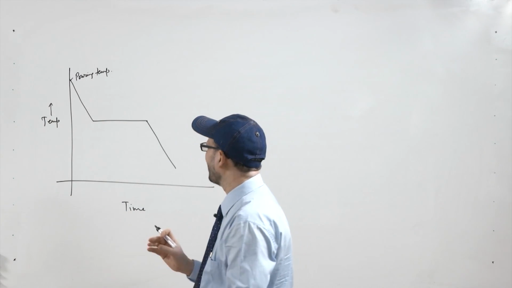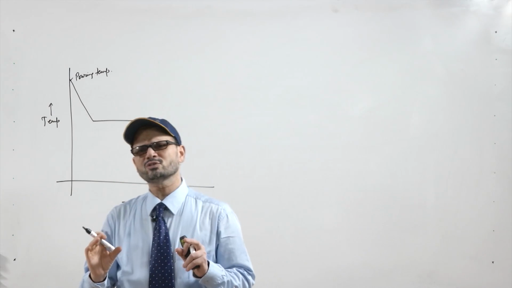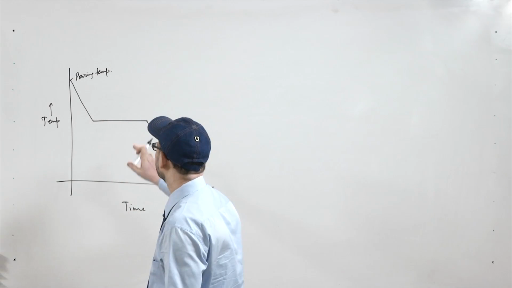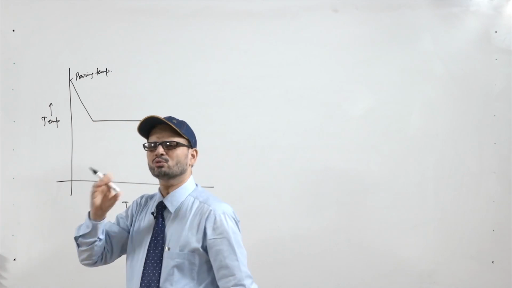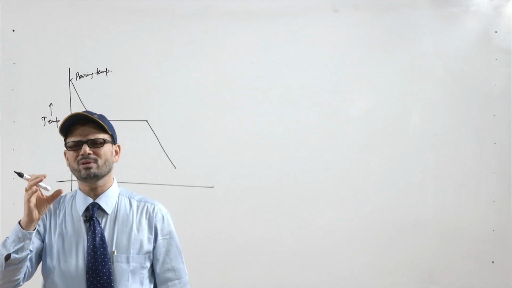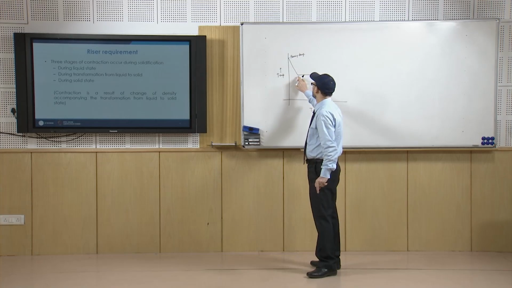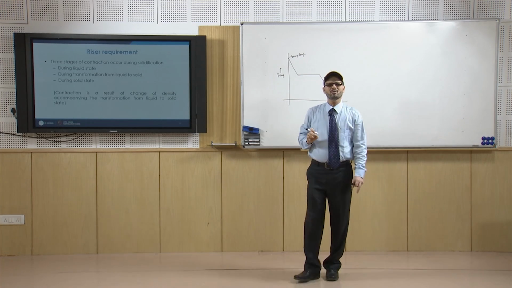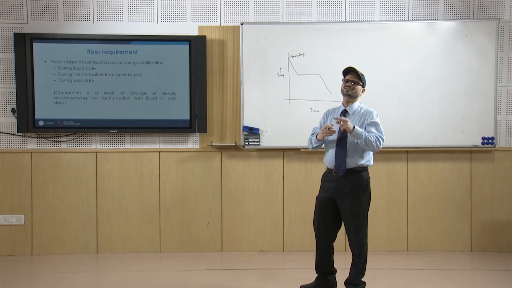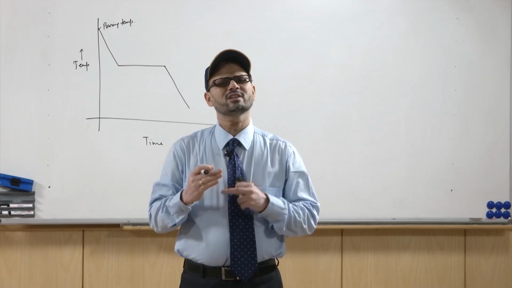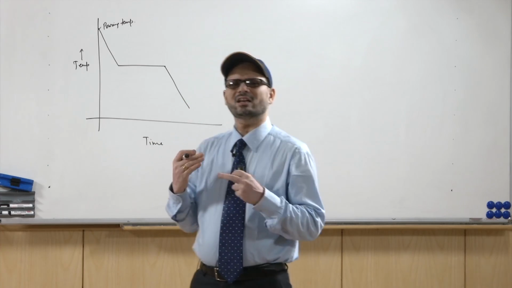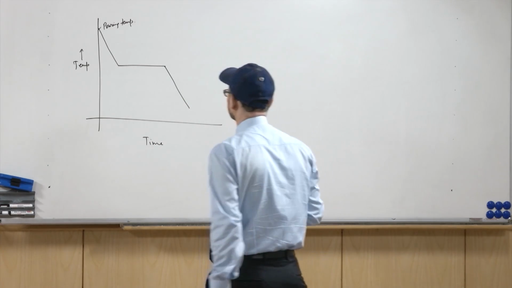So, during that time it must have enough superheat, so that when it reaches, the temperature should not go below the equilibrium or melting temperature, because once the temperature goes below this, there is onset of nucleation and growth process that leads to the solidification process.